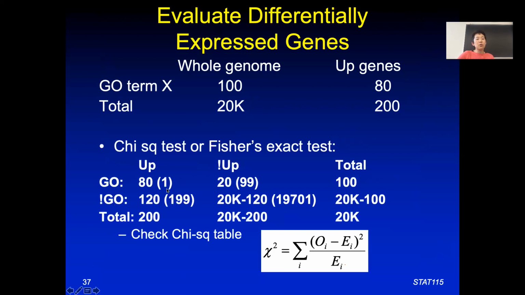Then we need to calculate what we expect. How do you calculate, for example, this number? How many do you expect to have this GO term but are not upregulated? How do you calculate this?